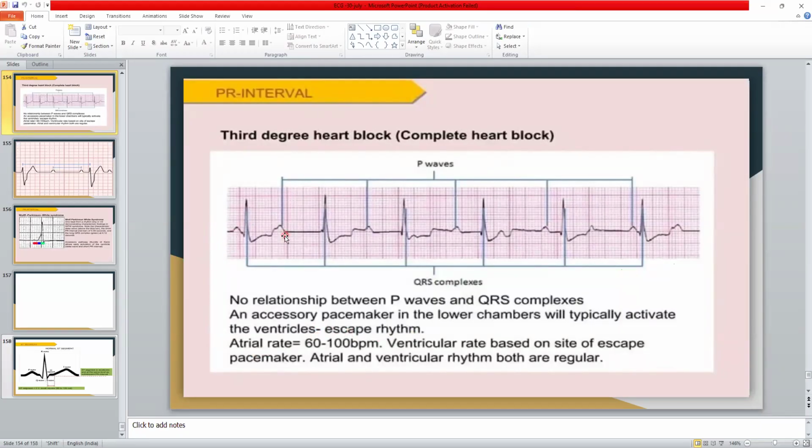Here, these are the atrial P waves. The atrial rate is around 60 to 100, and the ventricular rate, that is from the RR interval, is based on the site of the escape pacemaker. The atrial rhythm could be regular or irregular, but most of the times both the atrial and the ventricular rhythm are regular.